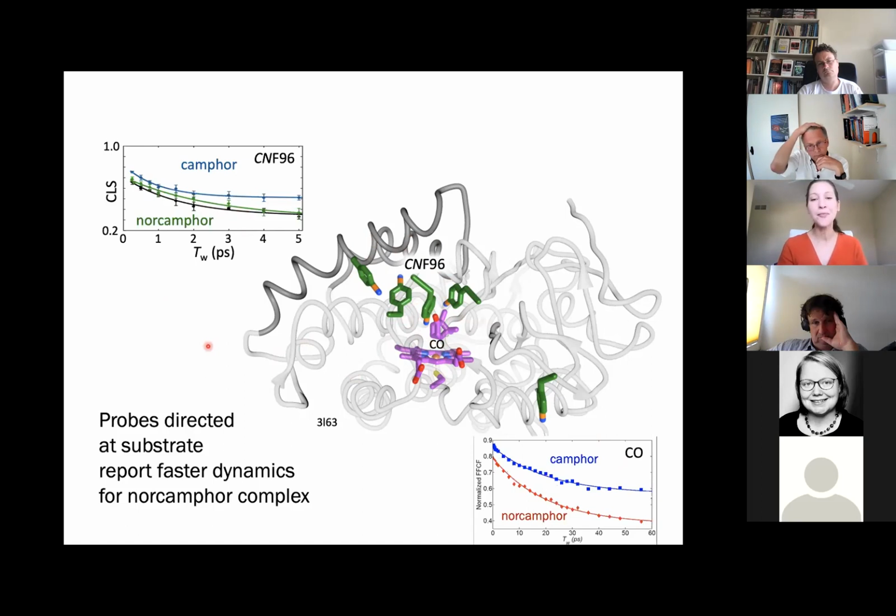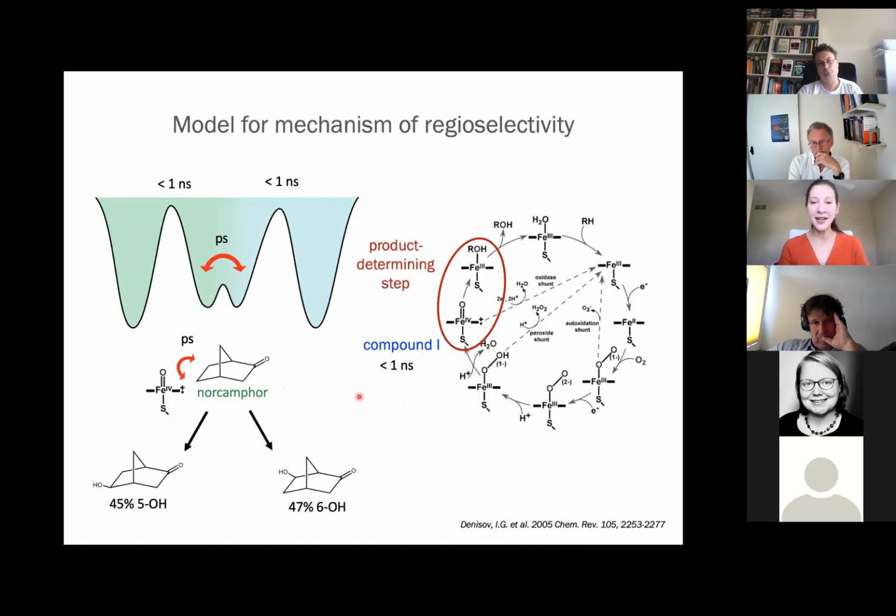And we can come up with a mechanism that then explains the catalytic outcome, that basically we have rapid rotational, few picosecond motions of the substrate that allow both the 5 and 6 positions to approach this reactive center, which is very rapid. And although this compound 1 is very short-lived, it would be longer lived than the rotational picosecond motion.